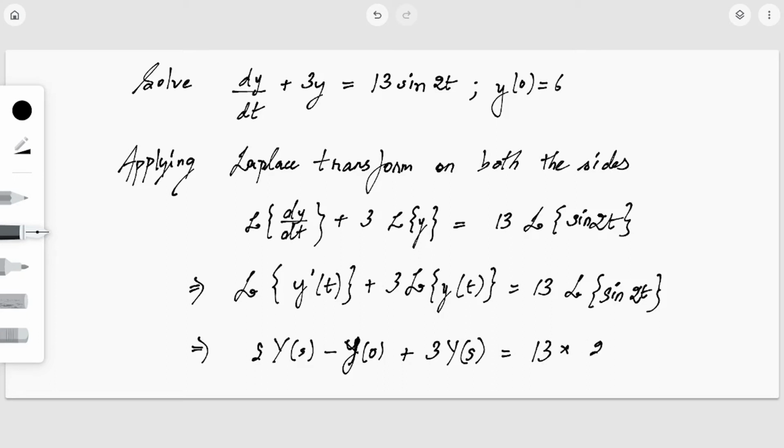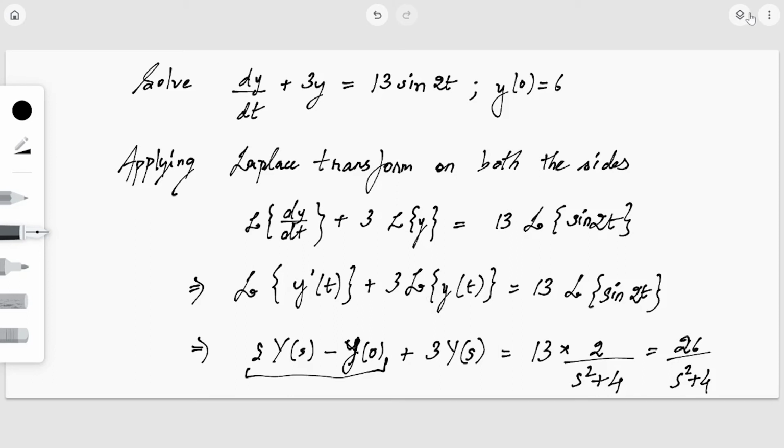It is nothing but 2 divided by s square plus 4. So this is 26 by s square plus 4. Okay, this is the Laplace transform of the derivative, and L of y of t is nothing but capital Y of s.